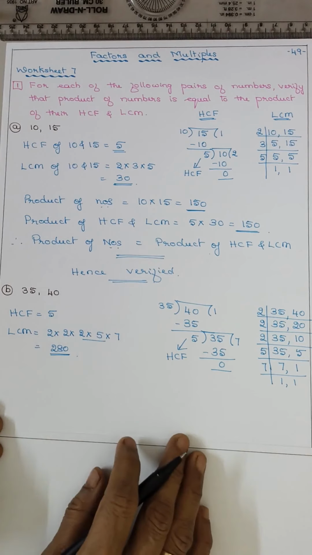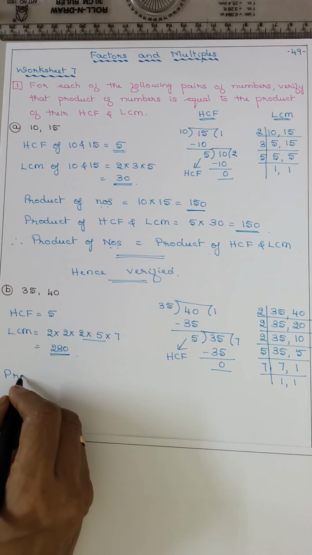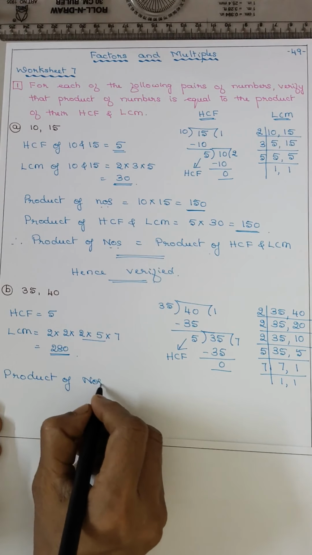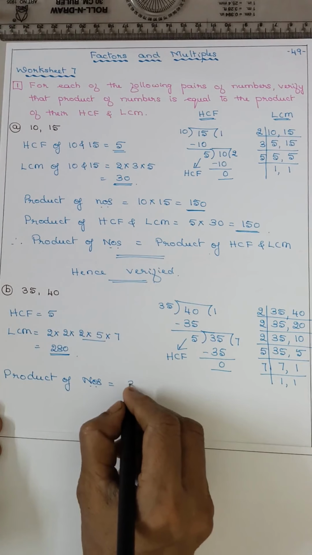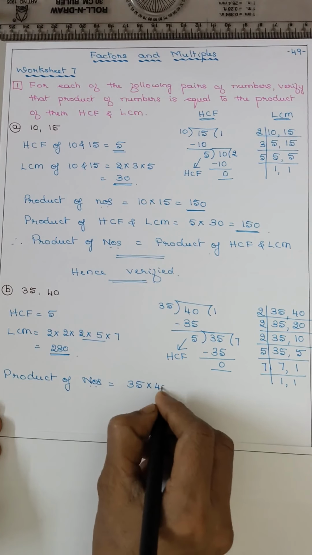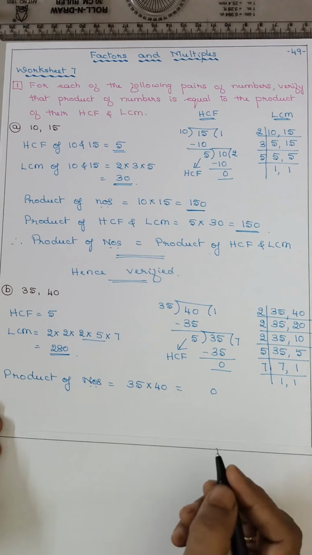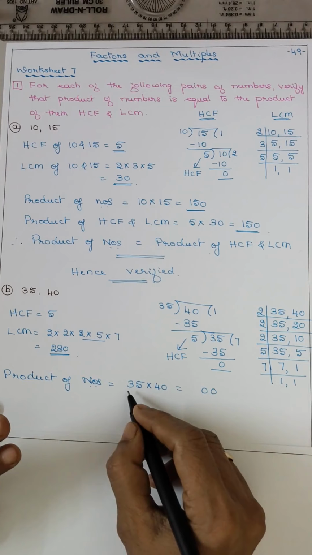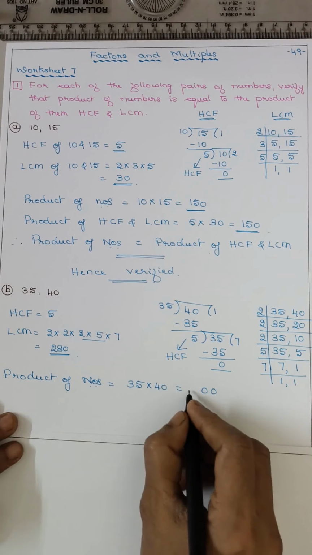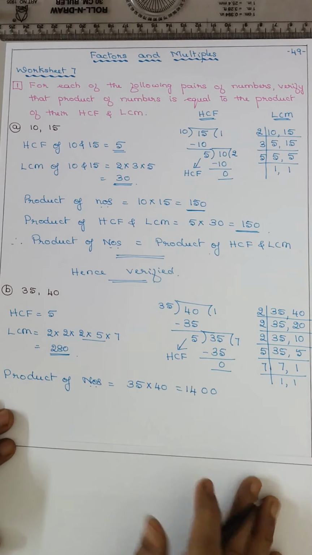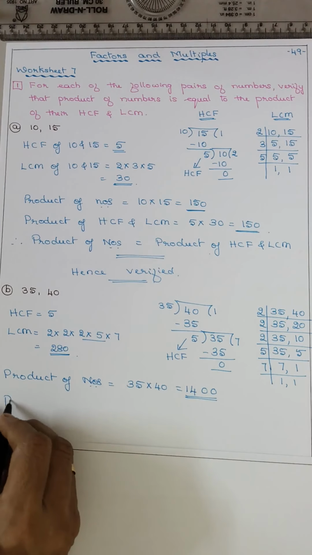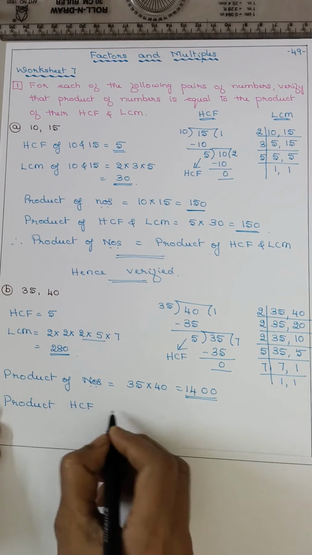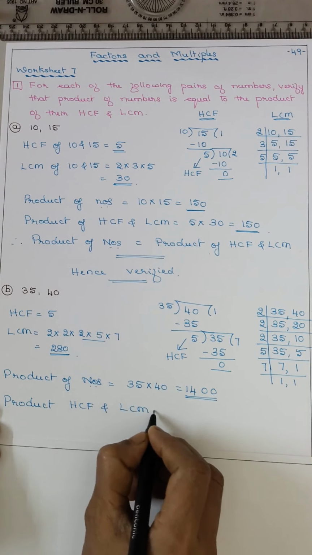Okay, HCF and LCM found. So what did we say now? Product of numbers. The numbers are 35 into 40: 0, 4 5s are 20, 4 3s are 12, 14, so 1400. Now product of HCF and LCM.